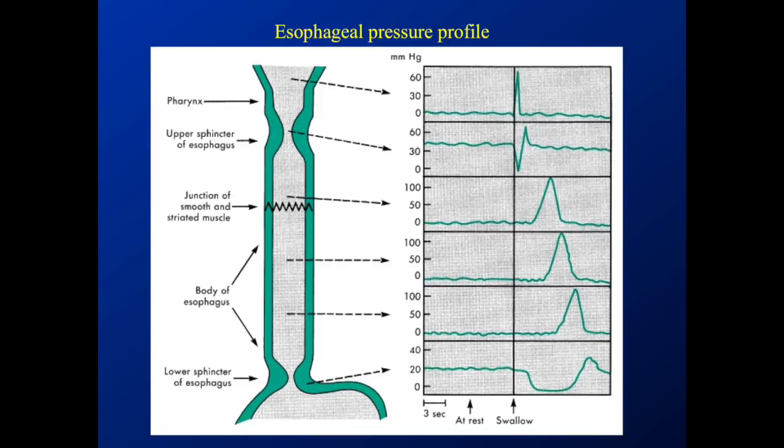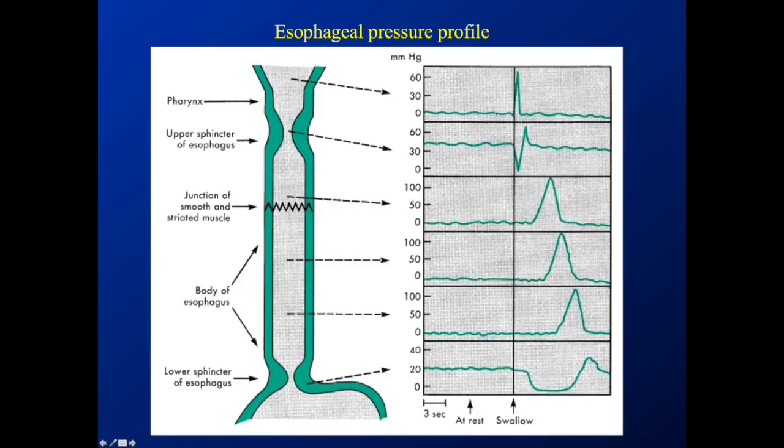You can see that at the sphincter levels the pressure is higher than in the rest of the esophagus, and this is because the constriction of the muscles of the sphincters increases the pressure at the points obstructing flow or regulating flow.